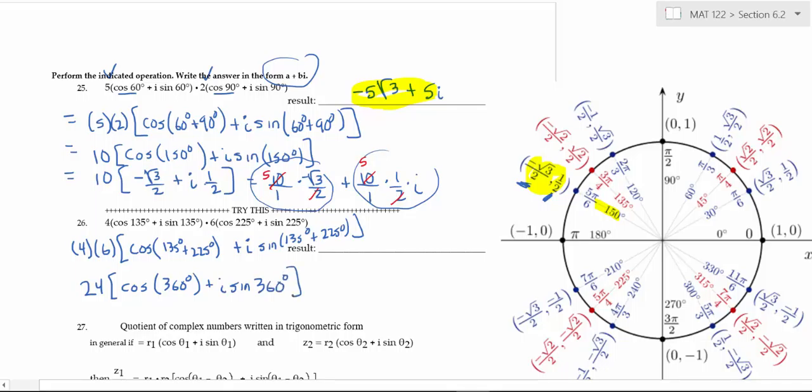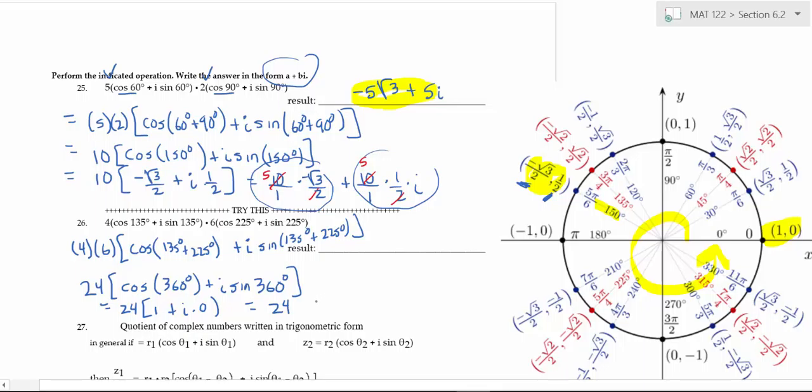See, if I was looking for the answer in trigonometric form, you would be done. But we do want to get these two things worked out. If we're at 360 degrees, we know that we're one lap around the unit circle. So the cosine's 1 and the sine's 0. So you'd end up with 24 times 1 plus i times 0.